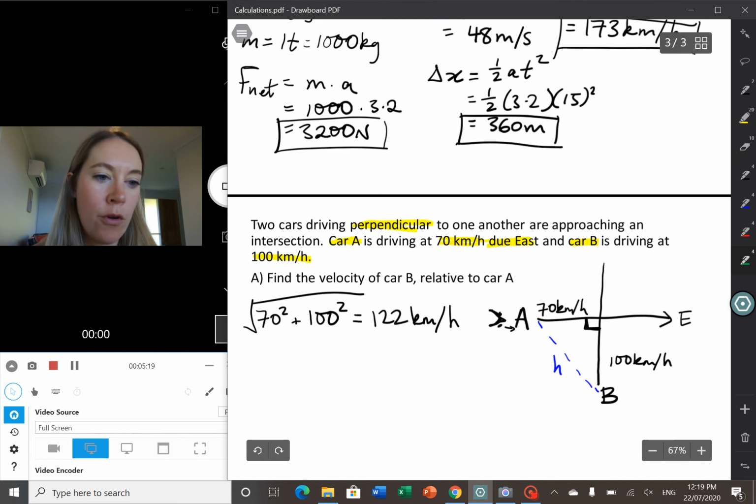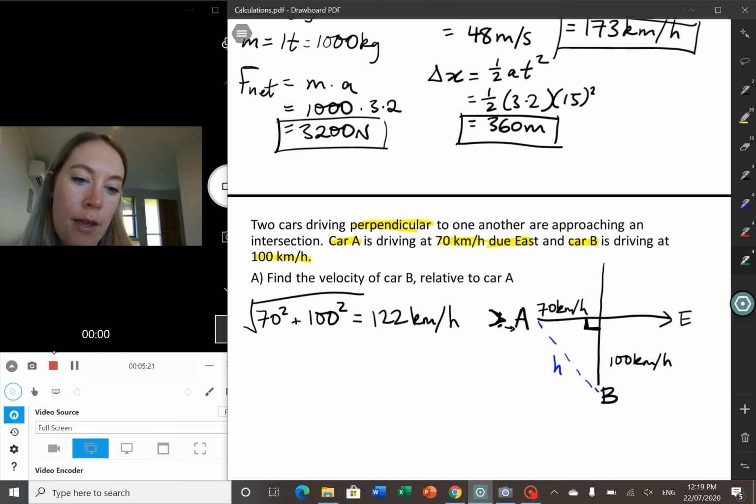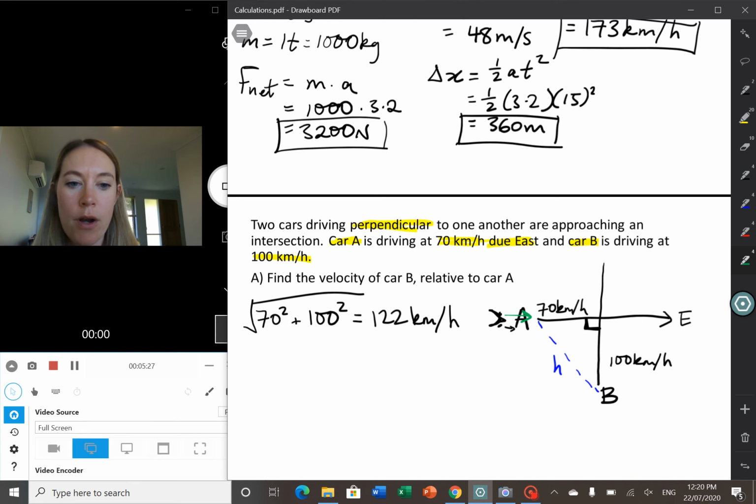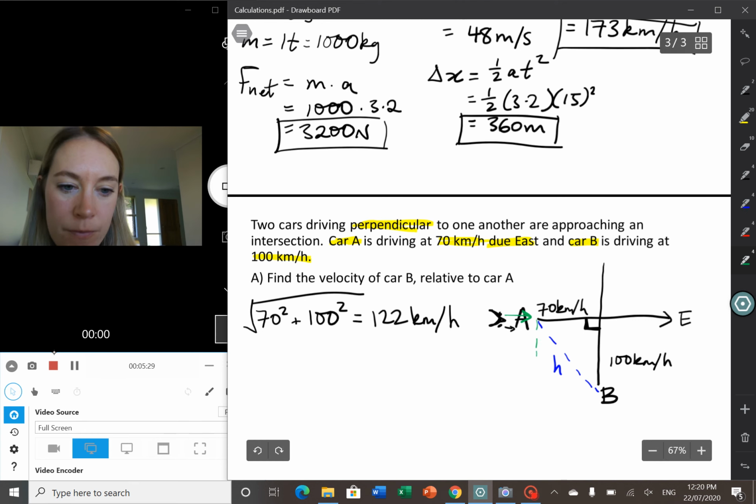And I want to know the direction. So again, if we're looking in this direction and this is due east, then the angle that I'm looking for is going to be this angle here, which is the same as this angle.